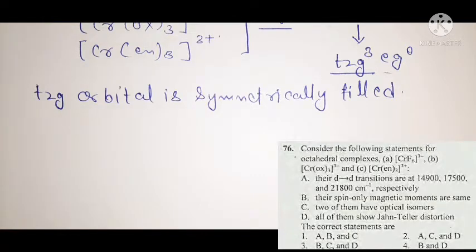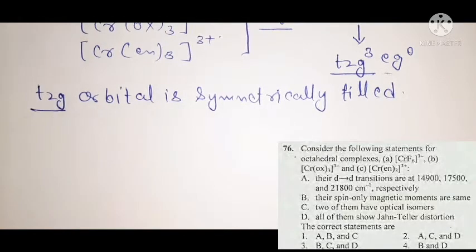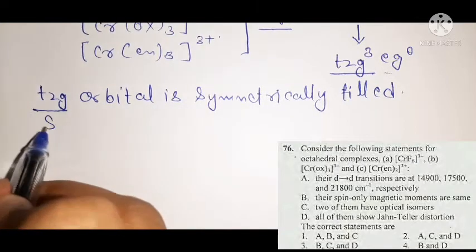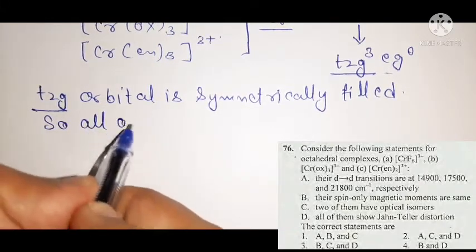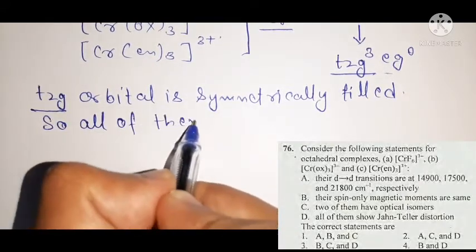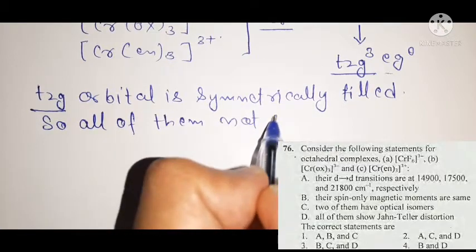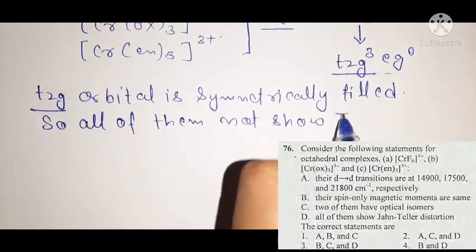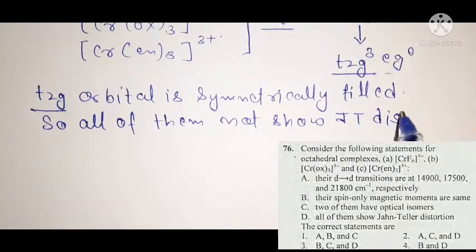But when they are symmetrically filled, there will be no Jahn-Teller distortion. Because here the t2g orbital is symmetrically filled, all of them do not show Jahn-Teller distortion.